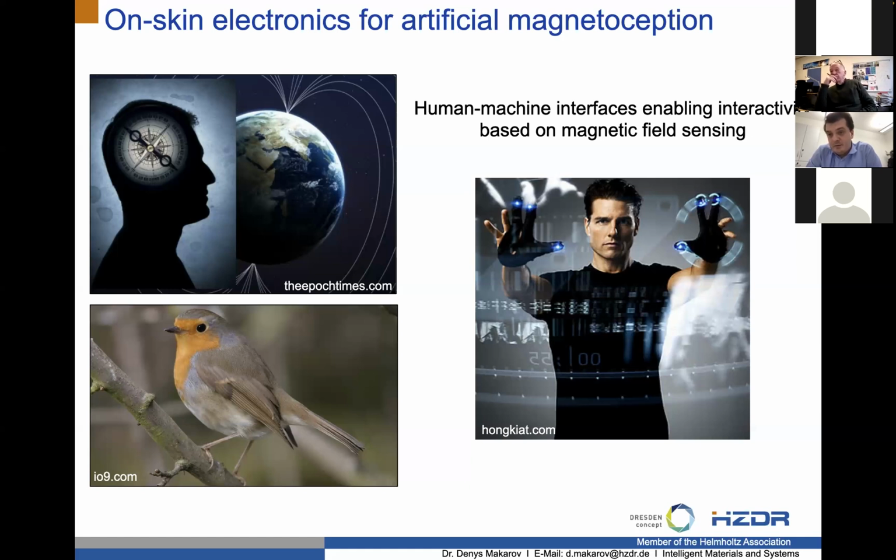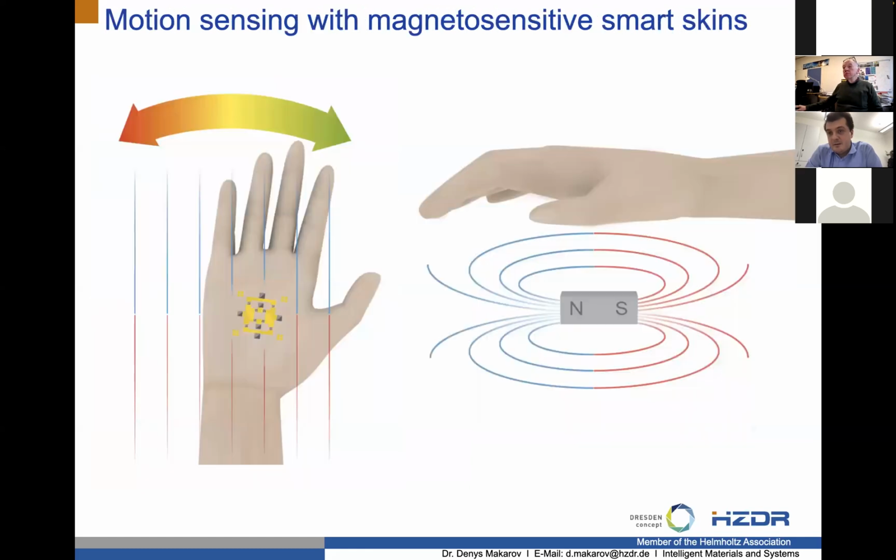And this is very important for all the social reality networks, the metaverse, what Facebook is now becoming, right? And of course, it's important for prosthetics. Of course, it's important for rehabilitation and medicine. And a couple of things I will just sketch now in my talk.